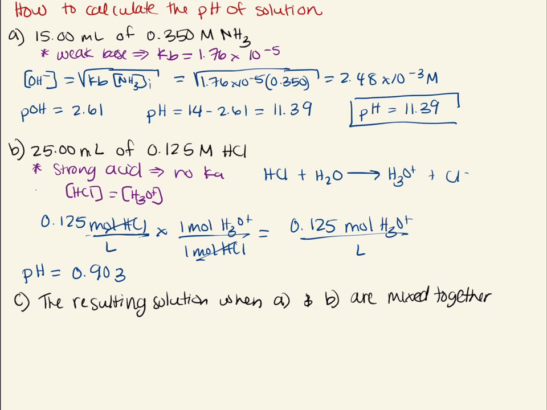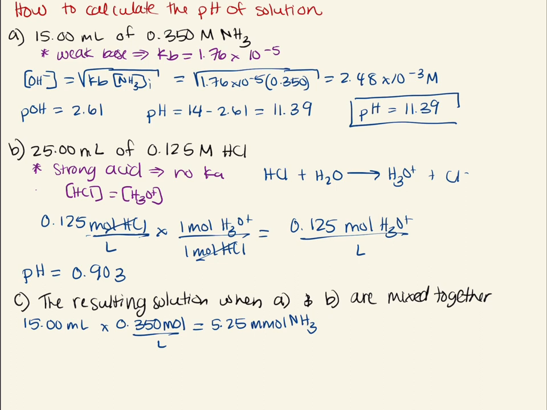And I notice this is a weak base and strong acid. So I need to calculate the amount of millimoles of each thing I have present. So we have 15 milliliters of base. So I can calculate the millimoles of base. And that gives me 5.25 millimoles of my base.